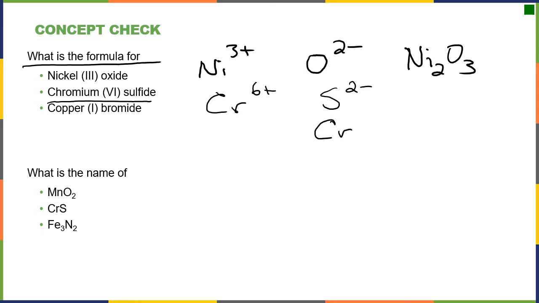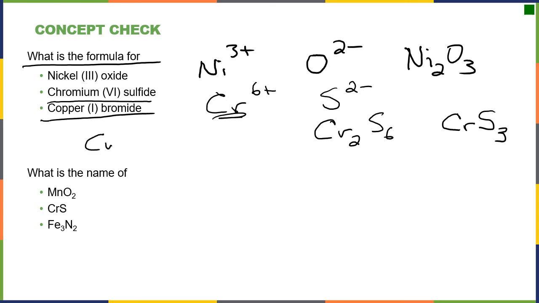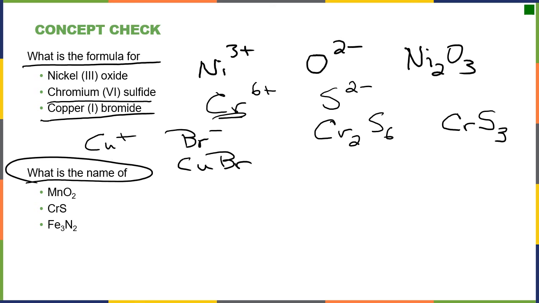So instead of having Cr2S6, we're going to make that simpler, and we're going to have CrS3. We only need 3 sulfurs to cancel out that +6 charge. Copper(I) bromide. Well, copper(I) is Cu+, bromide is Br-, so this would be CuBr.